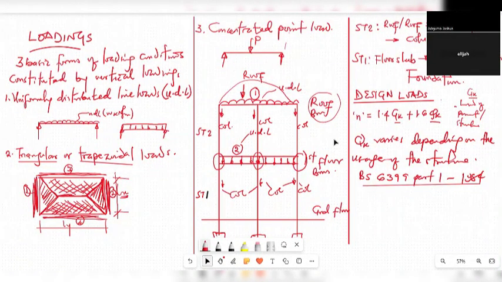So, pending the time, I would like you to do something for me. Yes, sir. I'd like you to go and check out, study on load estimation.